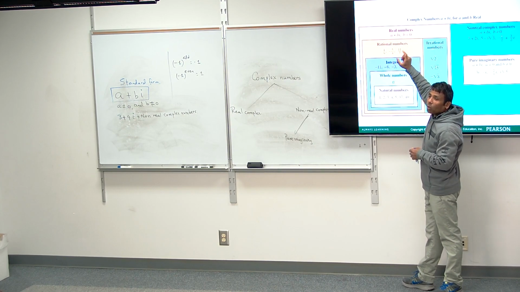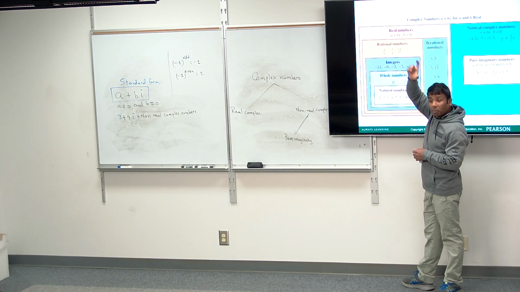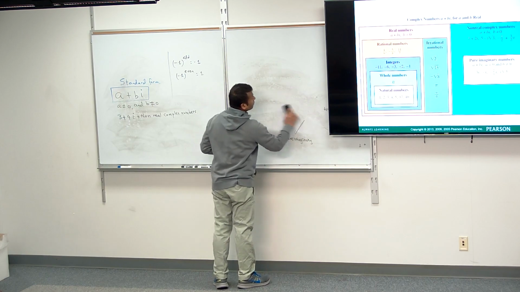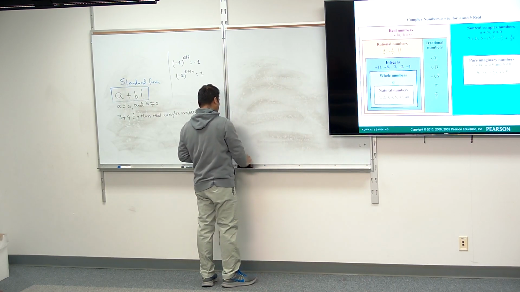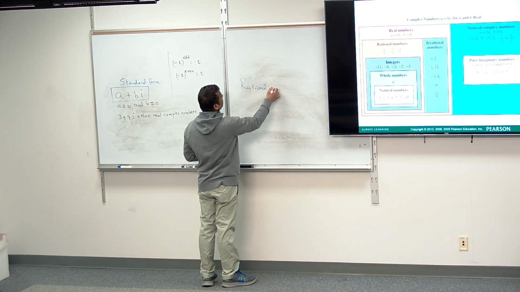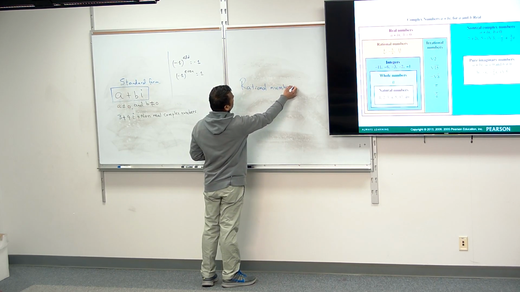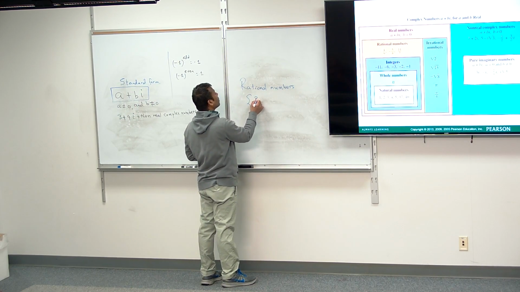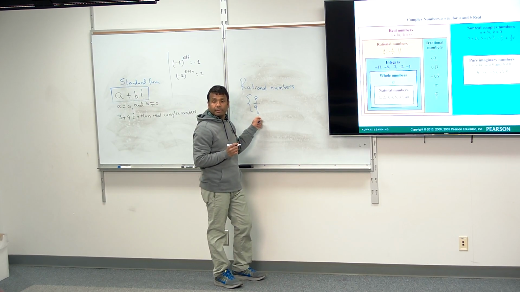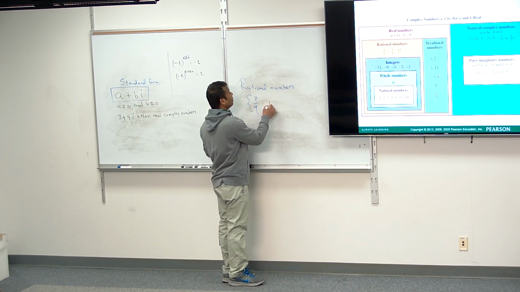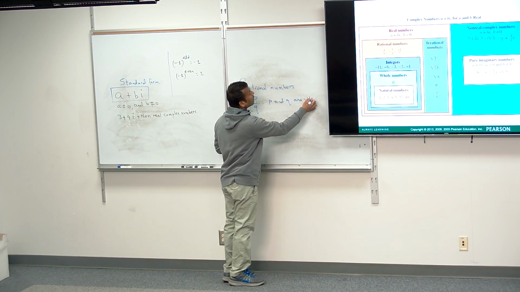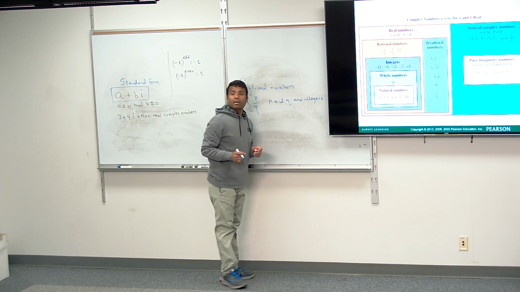Now, go to the bigger set, rational numbers, in the form of a quotient, like A over B or P over Q. If you want to find the rational numbers, it is defined as the set of P over Q, in the form of a fraction, such that P and Q are integers, right?